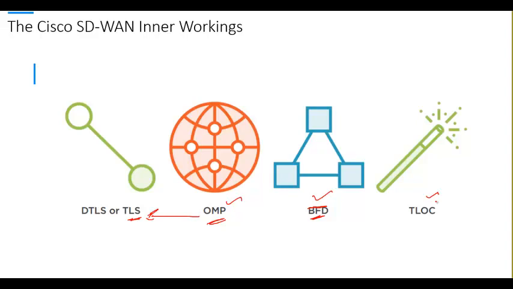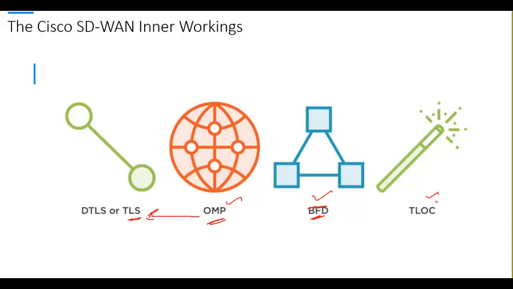See, we got multiple paths between WAN edge, between two sites. You have an MPLS connection, you have an internet connection. So you have two TLOCs now. So if I have three different transports, then I'll have three TLOCs.